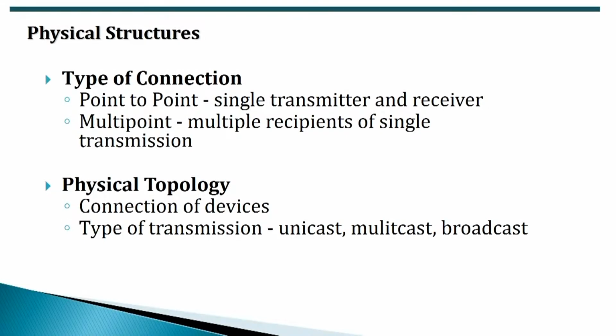Next is the type of connection in the network, whether it is point to point or multi-point. In point to point connection, every system is connected with another system. If one system has to connect with another system, there is a direct link between both of them. In multi-point, there are multiple recipients of a single transmission.